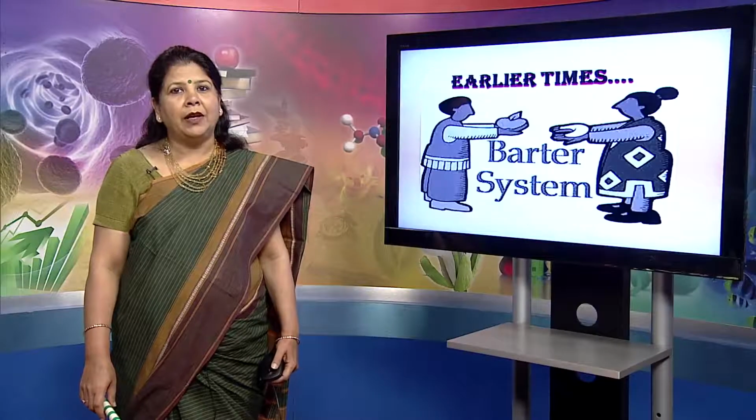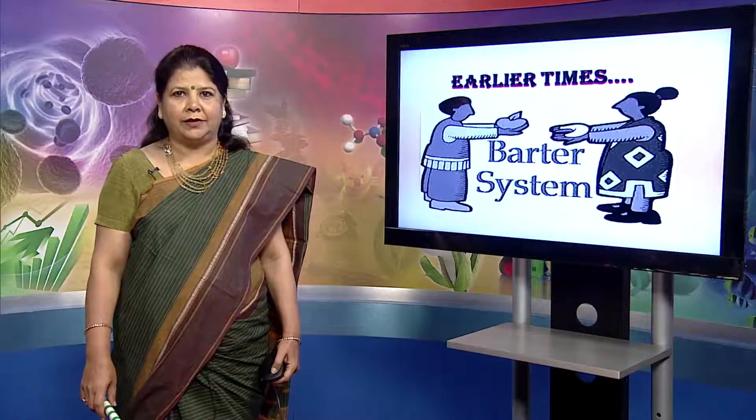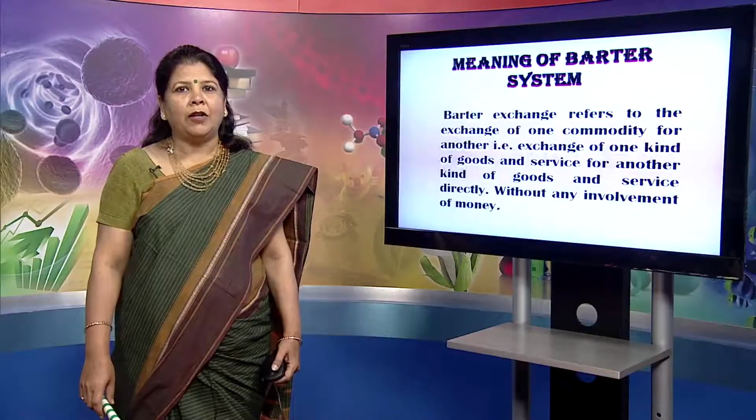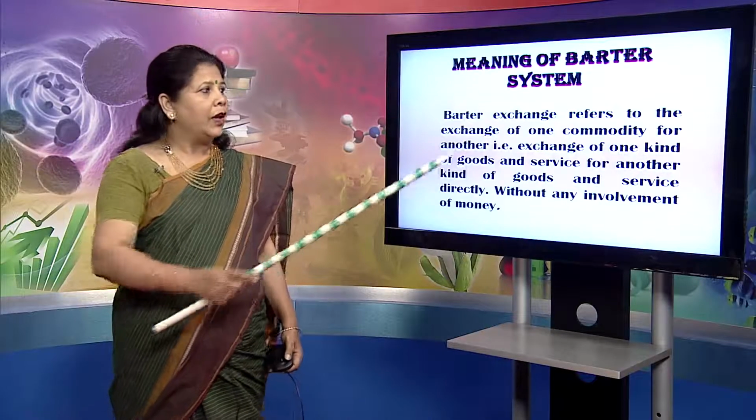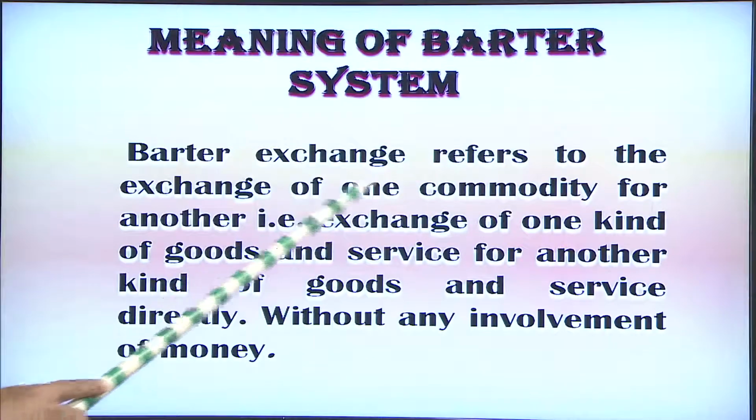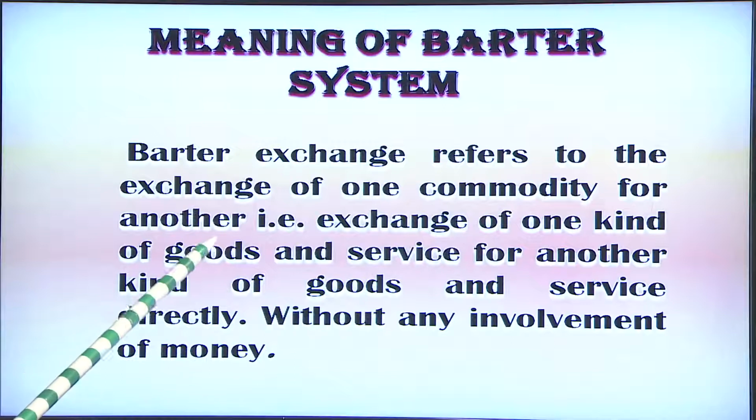Before money came, it was the barter system. That is, we were exchanging goods and services with the help of the barter system. Now, what is barter exchange? Barter exchange refers to the exchange of one commodity for another.